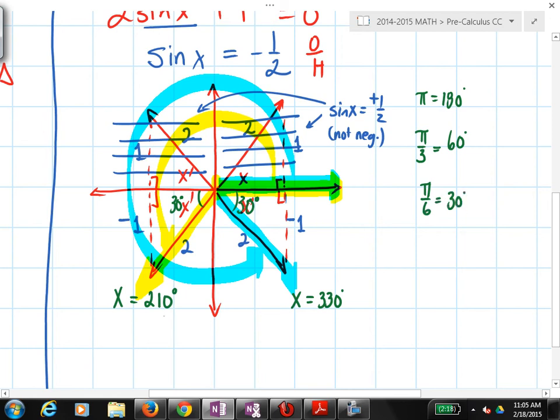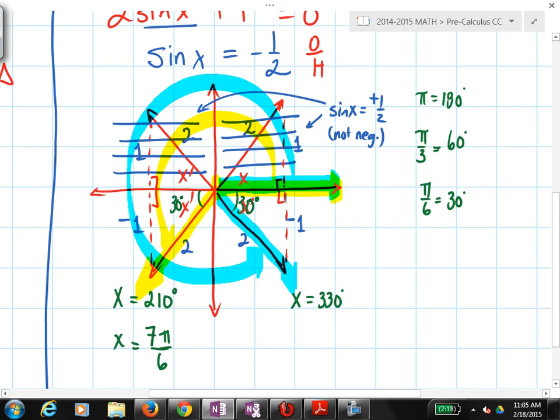So when I look at these answers, you want to think in terms of multiples or divisibility. Is 210 divisible by 60? No, not without a remainder. So it's going to be 30. How many 30s fit into 210? 7. So it's 7 of the pi over 6, so it's going to be 7 pi over 6.